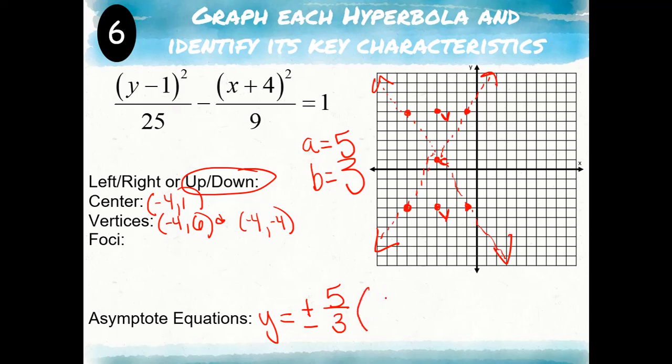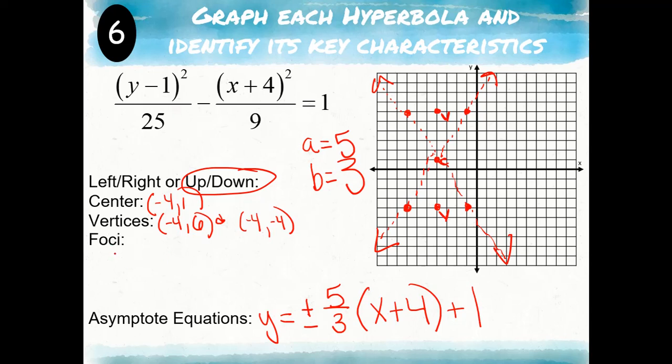So I'm going to think, well, to get to -4, 1, I went left 4, and I went up 1. If you didn't do this form, you would get something disgusting for those y-intercepts. You don't want that. So we're going to use our translated form, make it much easier on our brains because we're all about easier, right?